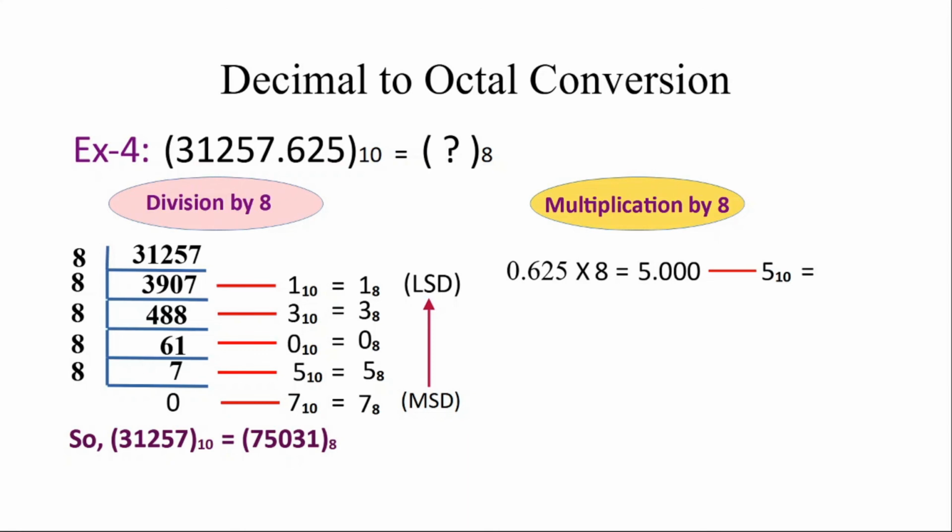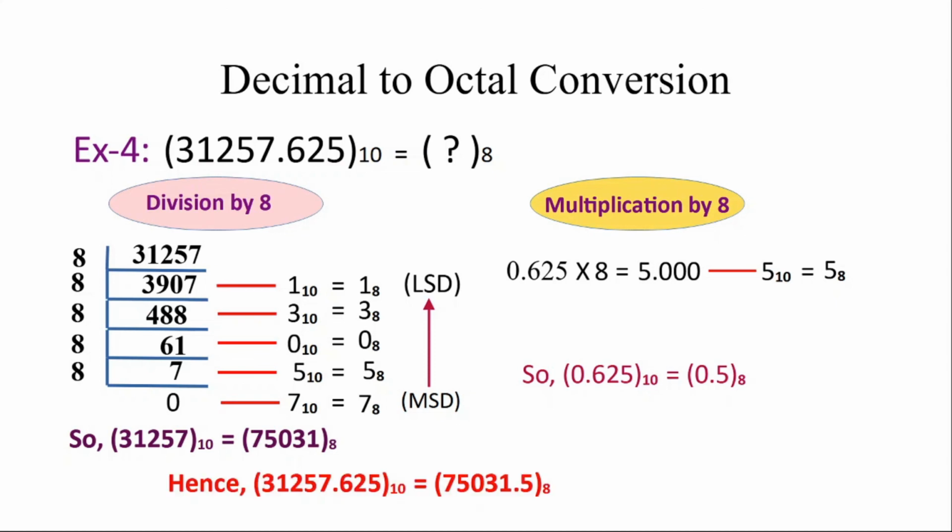This 5 in decimal system is also equal to the 5 in octal system, and we can write 0.5 is the octal equivalent of the decimal number 0.625. Hence, we can say 75031.5 is the octal equivalent of decimal number 31257.625.